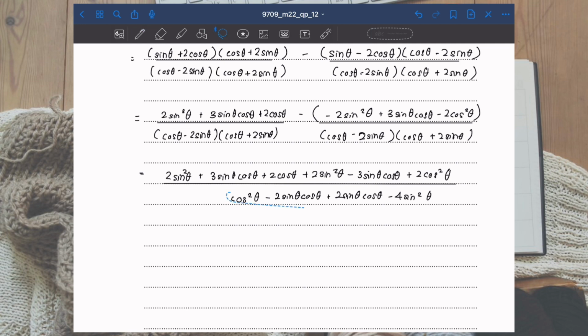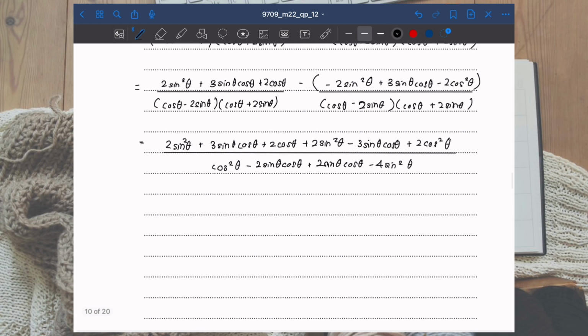So simplify both the numerator and the denominator. For this one, these two cancel out. You get 4 sin² θ plus 4 cos² θ over cos² θ, these cancel out, minus 4 sin² θ.